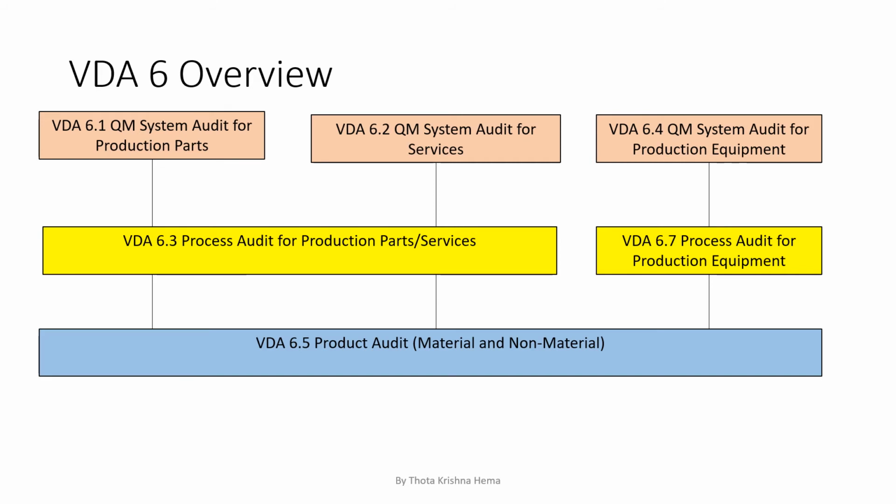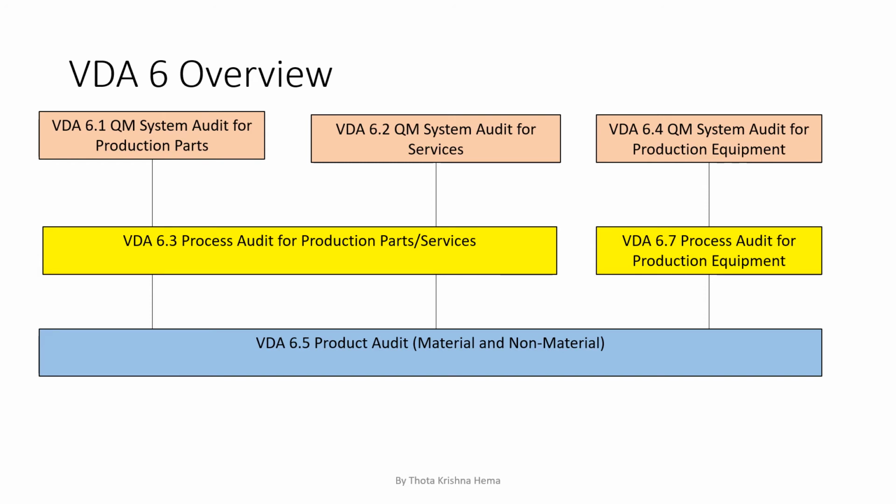VDA 6.3 talks about process audit for production parts or services. It combines both production parts and services, but this is a process audit, not a QMS. 6.5 and 6.7 talk about process audit for production equipment. Altogether, in 6.5 we have product audit, so it covers material and non-material things.